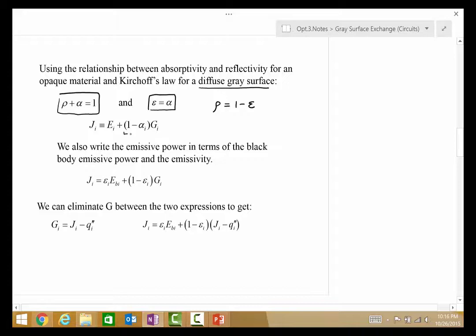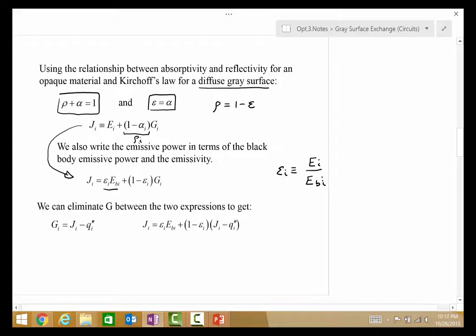Obviously, this is simply the rho i, and so Ji is equal to Ei plus rho i times G. We've taken rho i as 1 minus alpha i, and we can write the emissive power in terms of the blackbody emissive power and the radiosity. So all we're doing is really just modifying this slightly. We understand that this Ei can be thought of as epsilon i Ebi, and this is just a definition of the emissivity. The emissivity is the emissive power from the real surface divided by the emissive power from a black body.